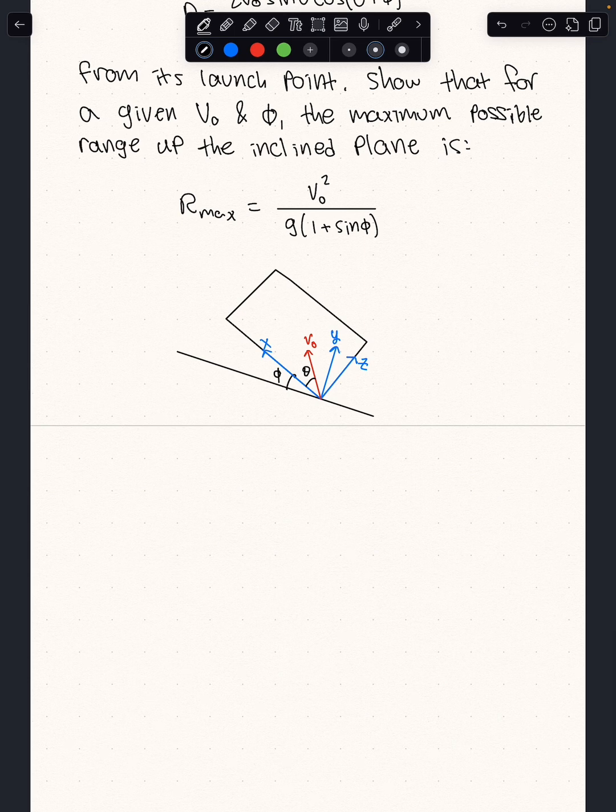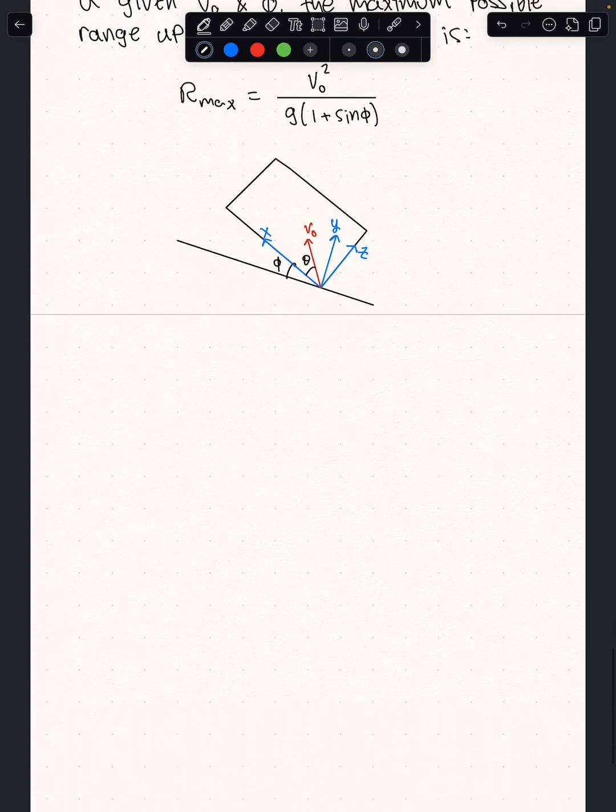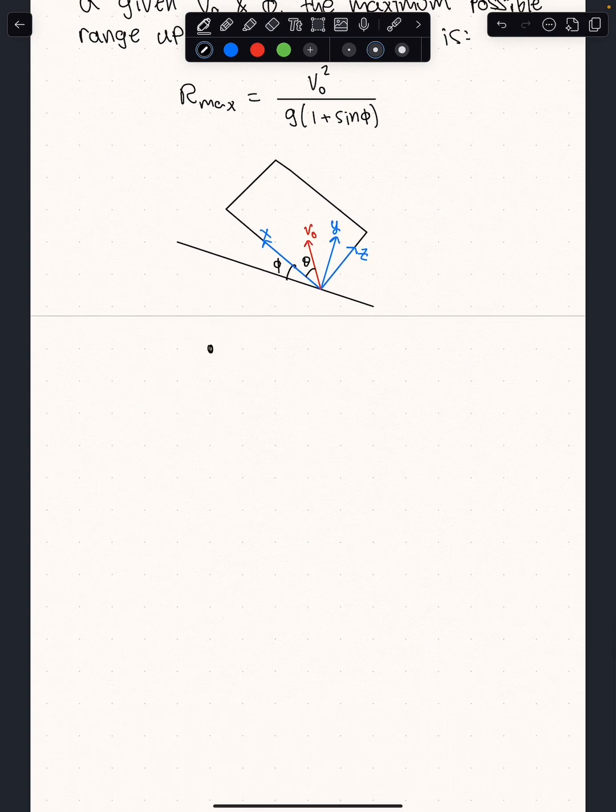The first thing we should do is draw a picture and find the force of gravity in the x and y directions. So if we start with gravity, say this is the ball, it's going to pull down with Fg.